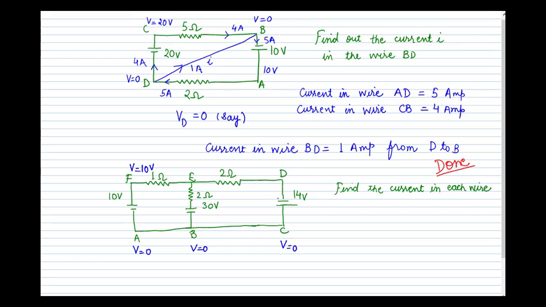At point D, you can see we go like this. So this will be minus because all these are in plus. We go from minus to plus, minus to plus, and minus to plus. And here you go from plus to minus. You can write it down as minus 14 volts. Or if you are taking these as negative, minus 10 volt, and then you can take it as positive.